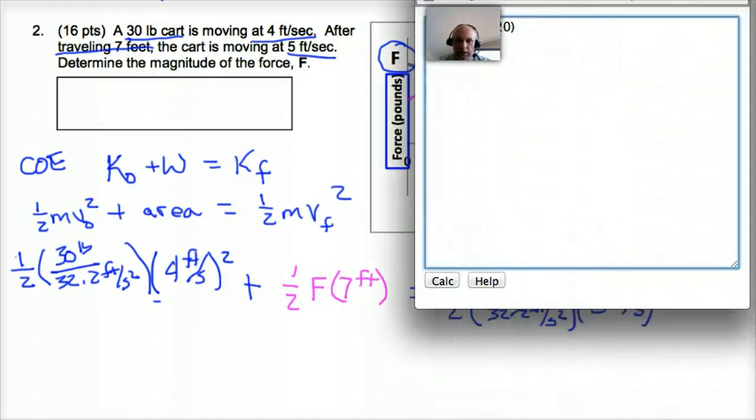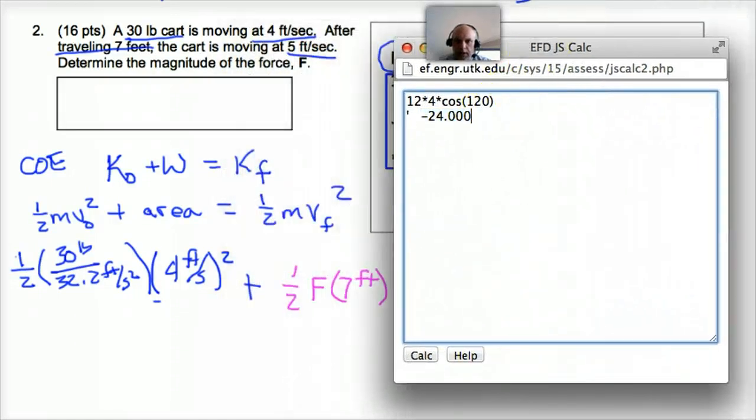So let's plug this into our calculator now. Again, I'm using the online calculator, but I'll use it just like your solve feature in your calculator. And the only thing I have to do is put it in quotes. So I'll have 0.5 times 30 divided by 32.2 times 4.